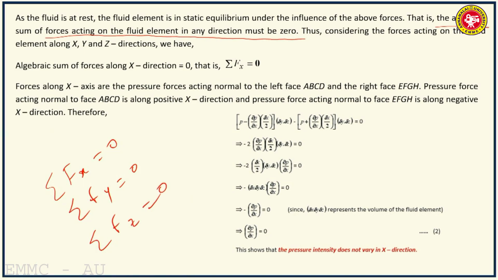What is an algebraic sum? It means we have to consider the directions, because force is a vector quantity. Not only the magnitude but also the direction is important. If it is upward, the force is considered positive; if it is downward, the force is considered negative. If it is towards the right, the force is considered positive; if it is towards the left, the force is considered negative, that is negative X direction.